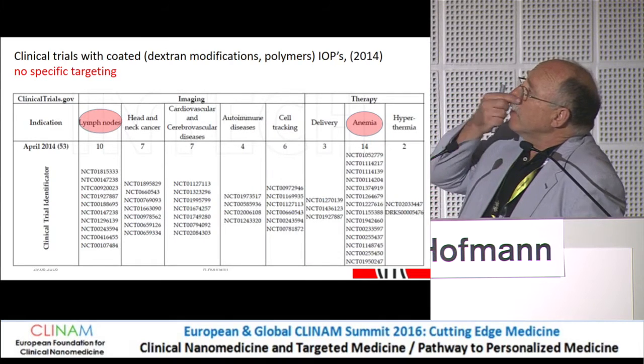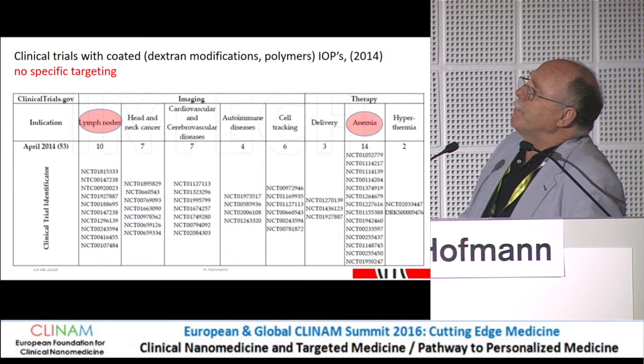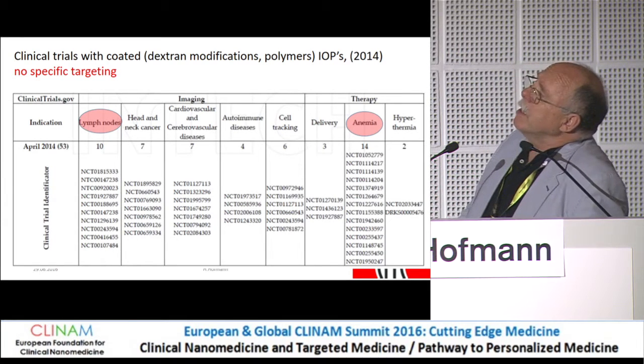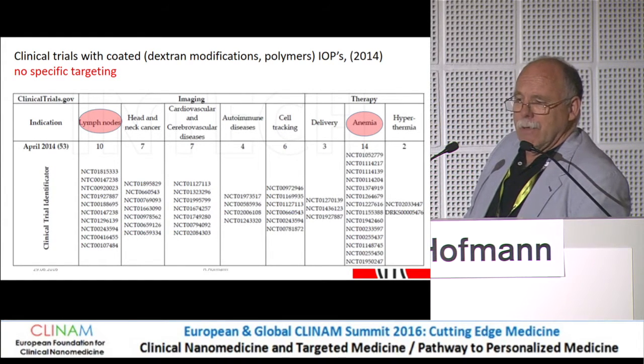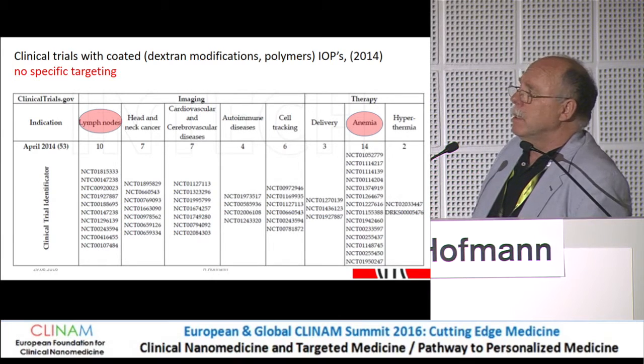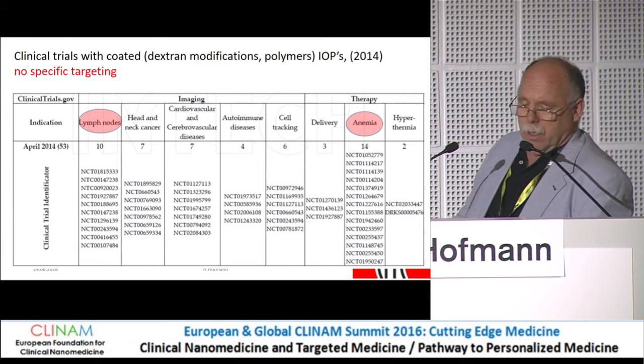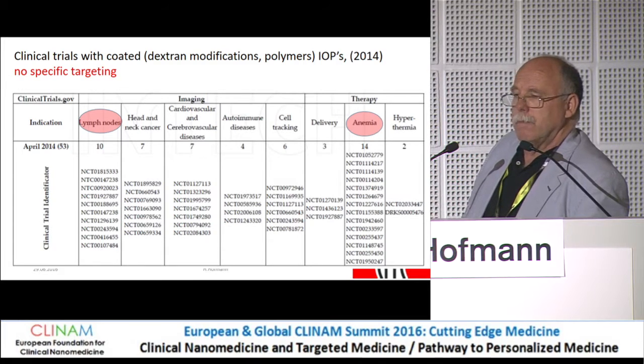So then we look now at clinical trials with coated particles, and now we come to the problem. There is not one clinical trial with functionalized nanoparticles. All these trials are mostly with dextran-modified coated particles.